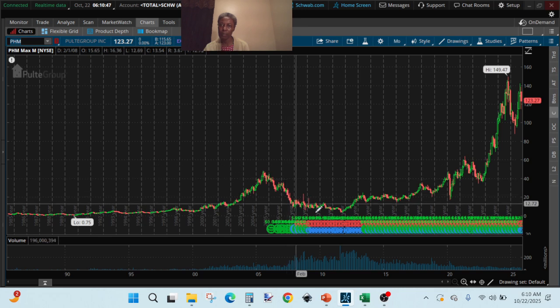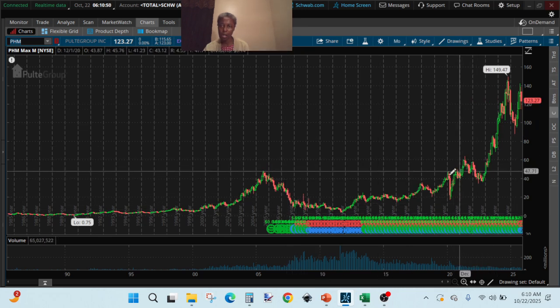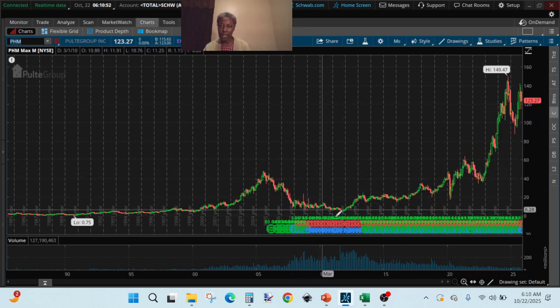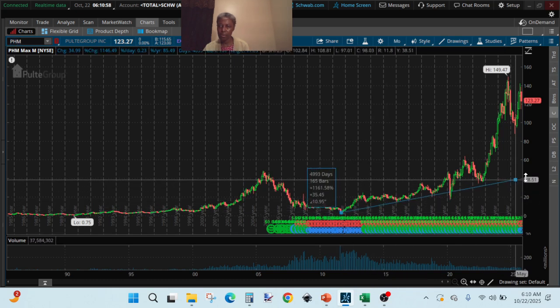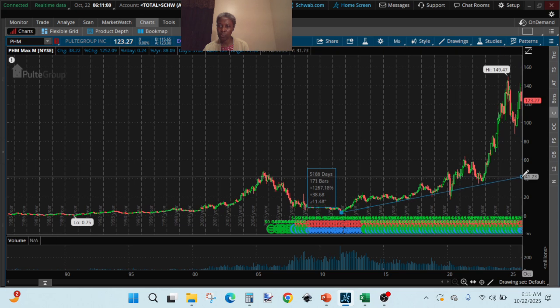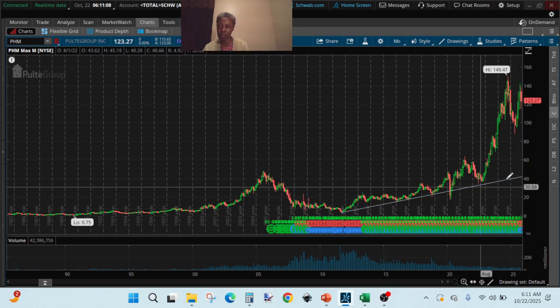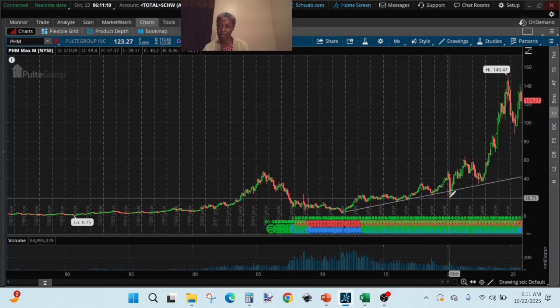So yeah, it is climbing up, and let's trace some lines here. We are going to trace the support lines. We are pretty much tracing a valley line, a support line passing by the valley of the mountain. So we will trace it going toward the price. We'll trace from this one as well.